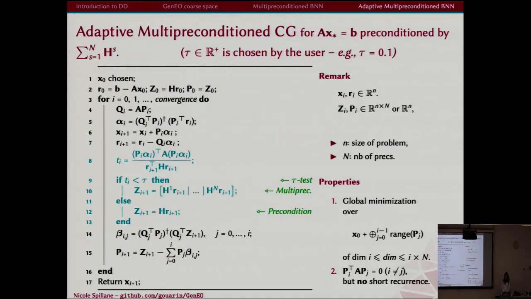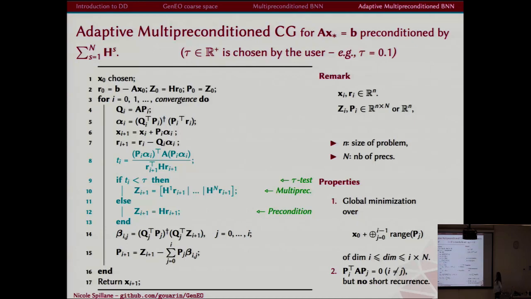Okay, so this is the adaptive multi-preconditioned algorithm. So it's the same setting as previously, except that now the user has to choose some number here, tau. Okay, you have one parameter. So for example, I think tau equals 0.1 is the default in the code.